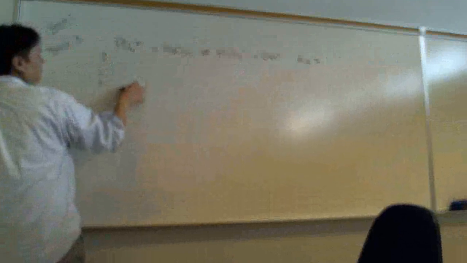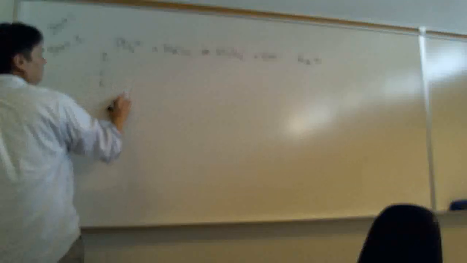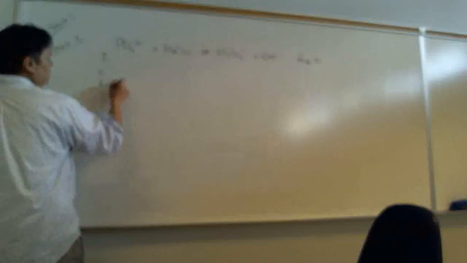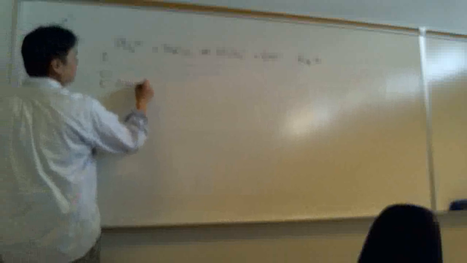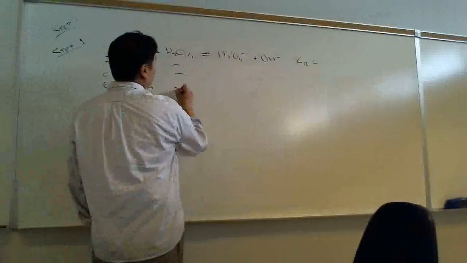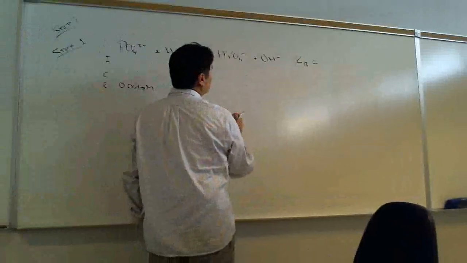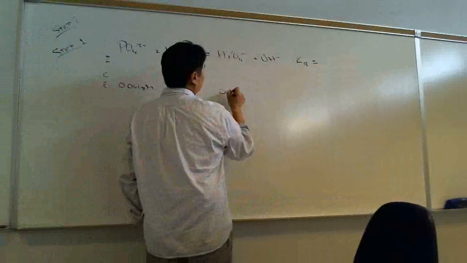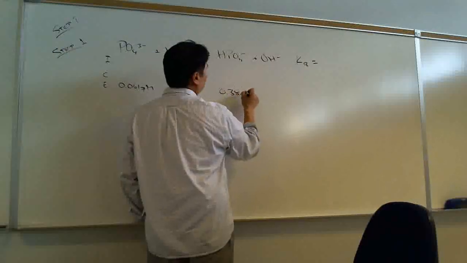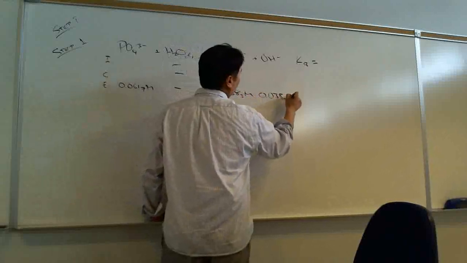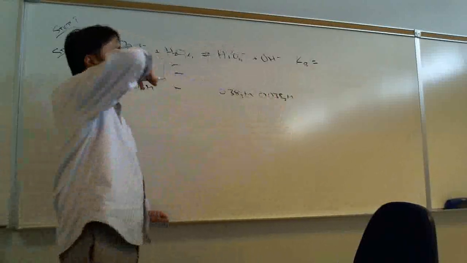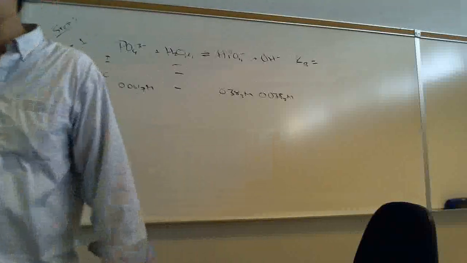Can you tell me what the equilibrium values were? 0.0617 molar. Water is a liquid. HPO4 2-, 0.0383, and hydroxide 0.0383 molar. All right, now we have to figure out what we're going to do next.